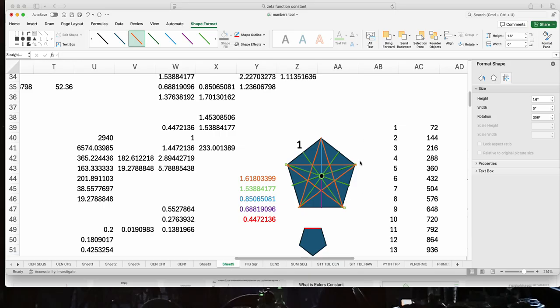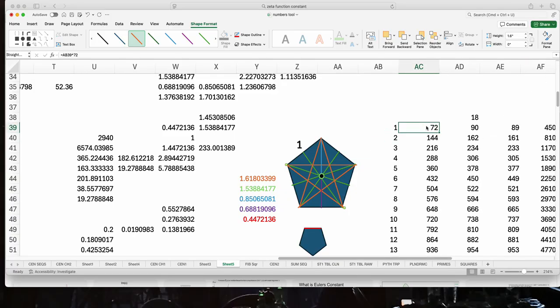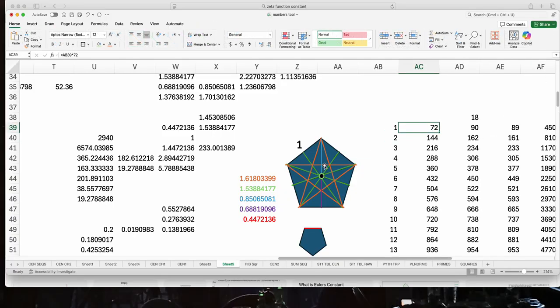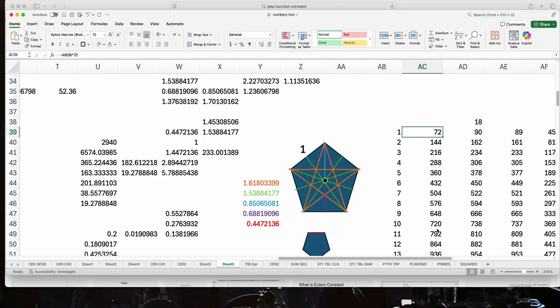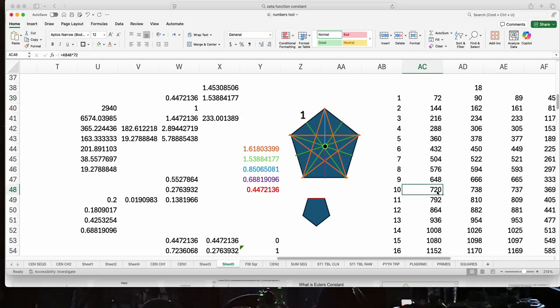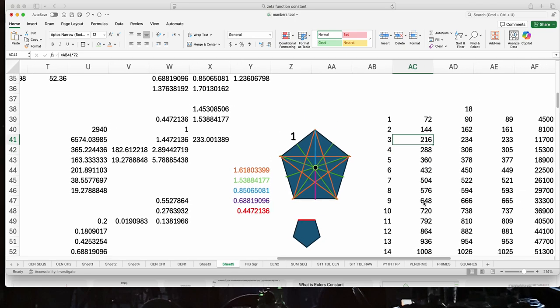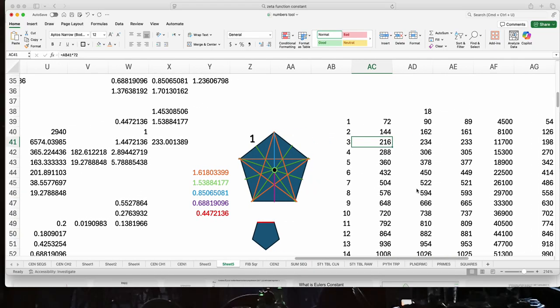So it got me thinking of seeing some of these numbers. We're adding 72, and this is going to be all of our multiples of 72 all the way through. And this produces numbers that we've seen in here. We've seen 432 and 288. We've seen some of these numbers pop up pretty continually in these biblical numbers that we're looking at.